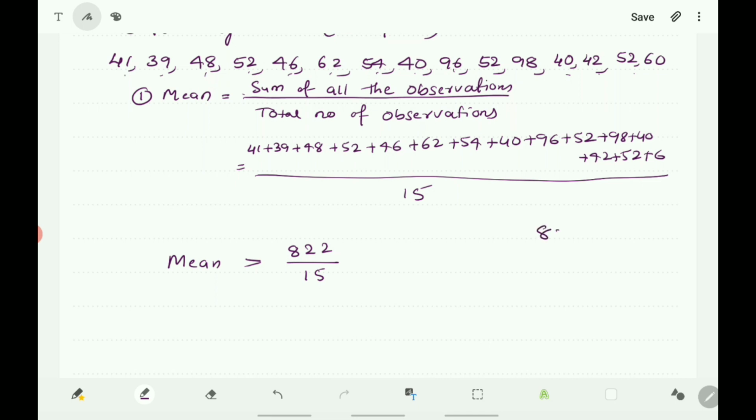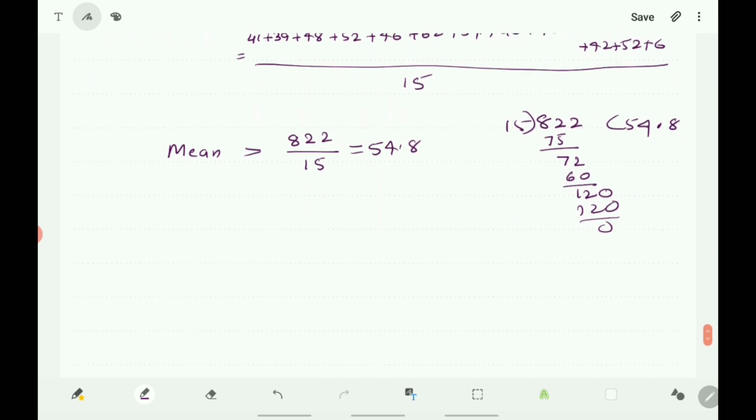If you divide 822 by 15, that is 15 5s are 75, then 7 is remaining, 15 4s are 60, 12 is remaining, and 0 you take here, that is 15 8s are 120. So the mean is here 54.8. So you got the mean here.